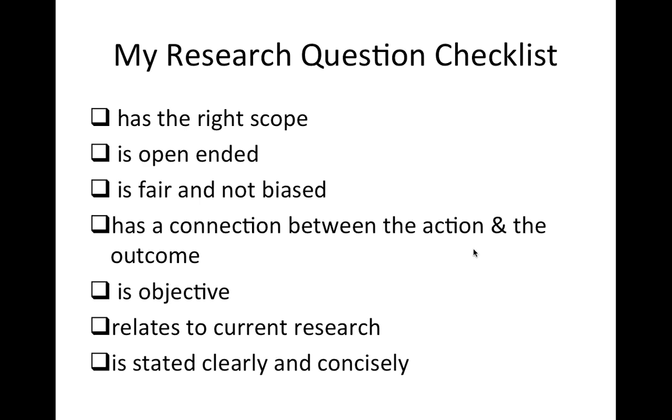Ask yourself, does your specific research question have the right scope, is open-ended, is fair and not biased, has a connection between the action and the outcome, is objective, relates to current research, and is stated clearly and concisely? Once you are able to check all 7 boxes from your specific research question, then you can post onto Blackboard, receive feedback, and then complete the Google form.